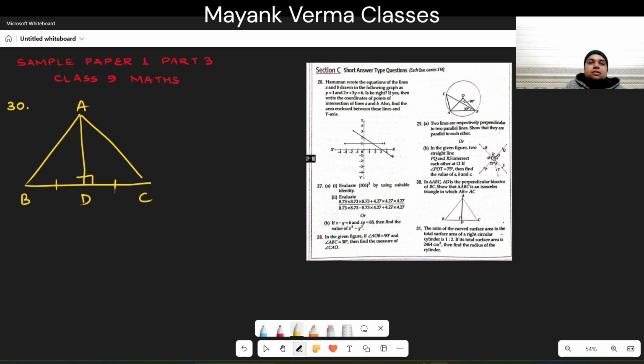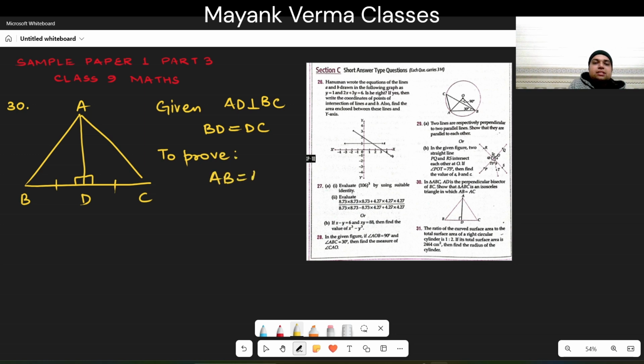And show that ABC is an isosceles triangle in which AB is equal to AC. Okay. So what is given to us? That AD is perpendicular to BC and also BD is equal to DC because it is a bisector also. What we need to prove? We need to prove that AB is equal to AC. That's it.